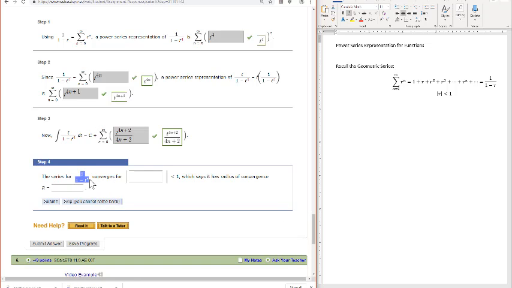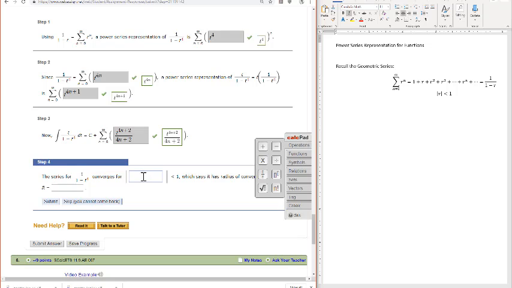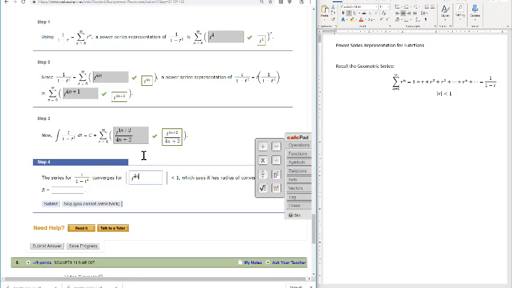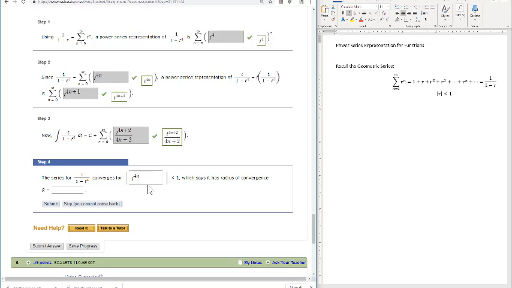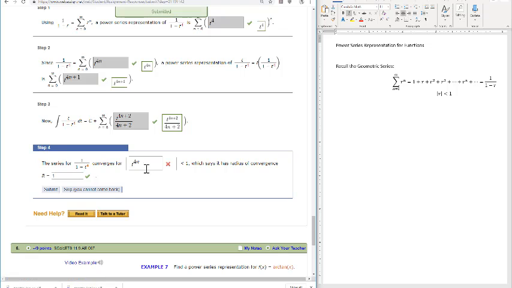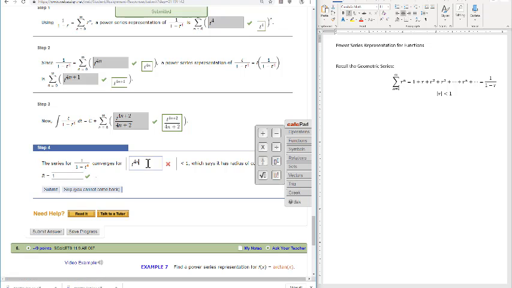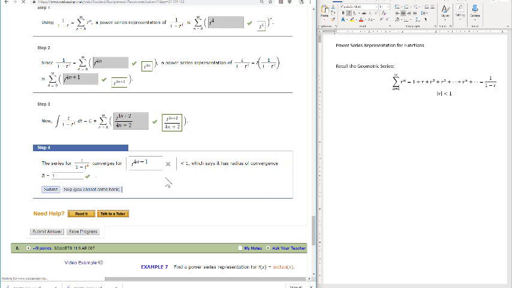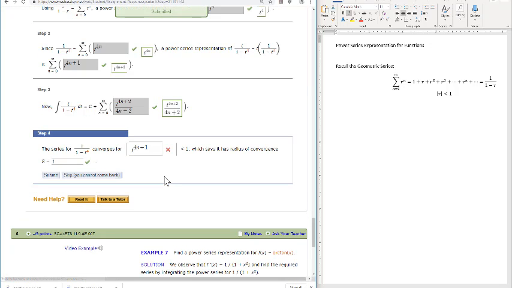This is for 1 over that, so that's t to the 4n, and that's what we said r was equal to. So this is going to have a radius of convergence of 1, because there are no other constants that we're multiplying or dividing.